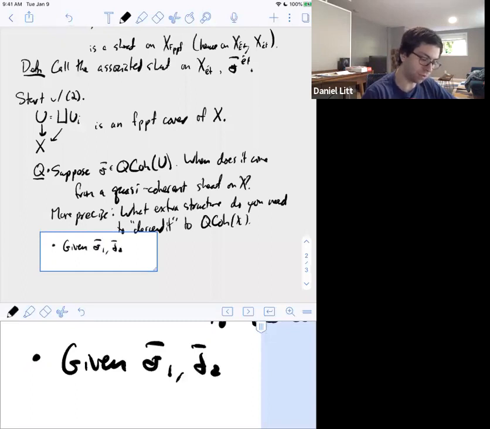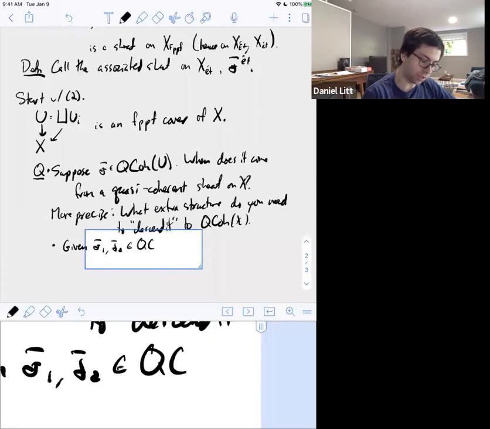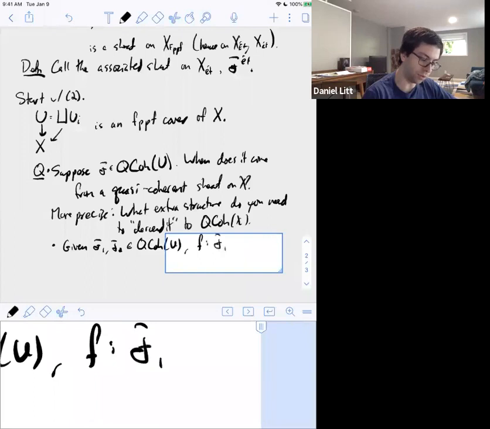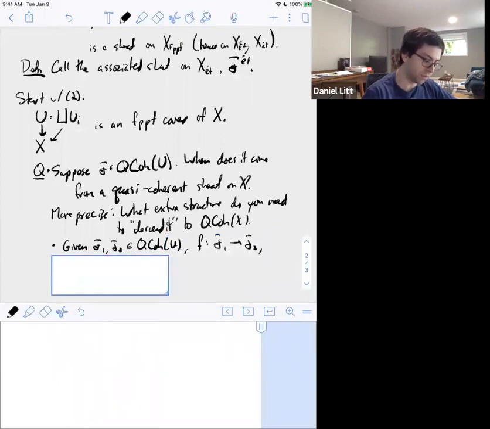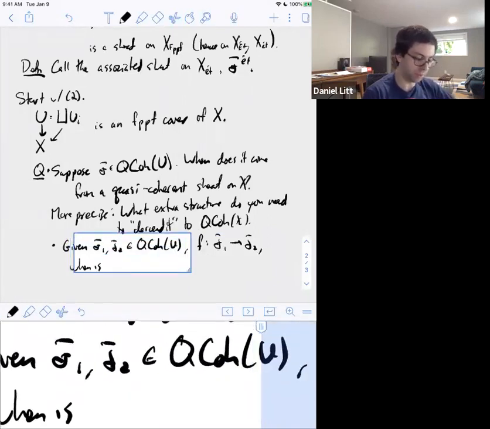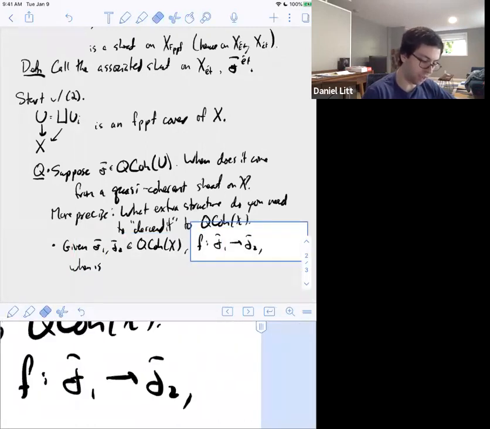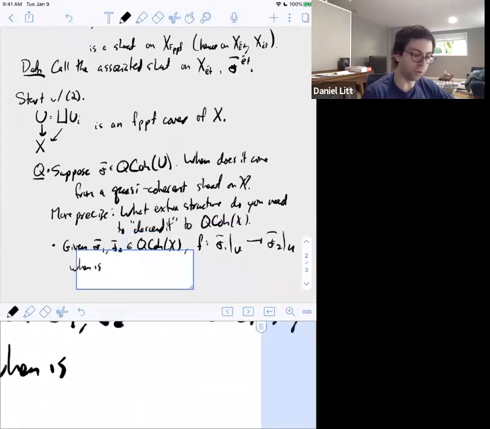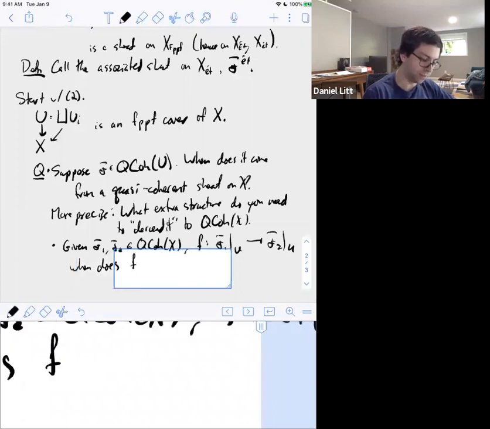Suppose I start with two quasi-coherent sheaves F1 and F2 on X, and then I pull them back to U. Suppose I have a morphism between the pullbacks. The question is, when does this morphism come from X?